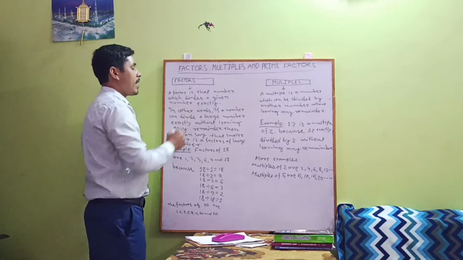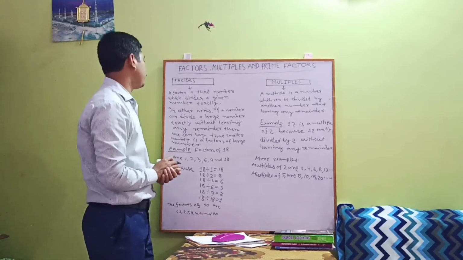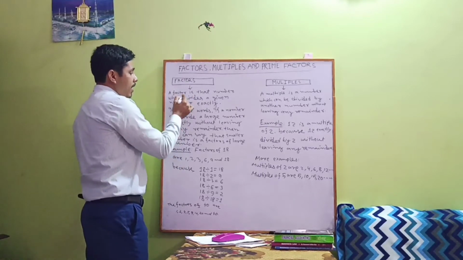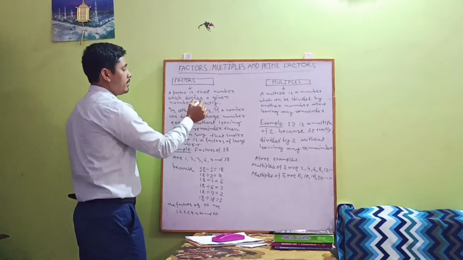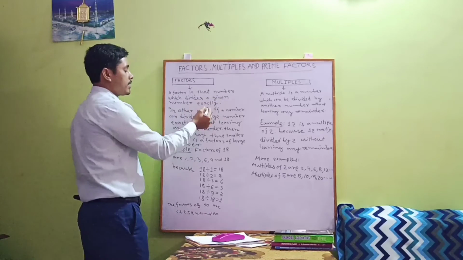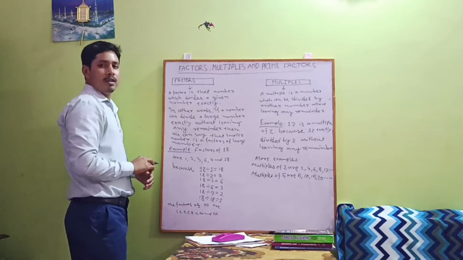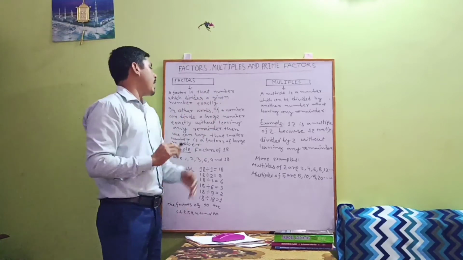What is meant by factors of a number? A factor is that number which divides a given number exactly without leaving any remainder.